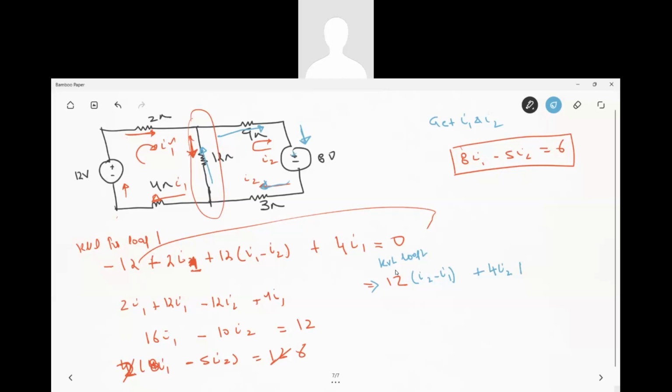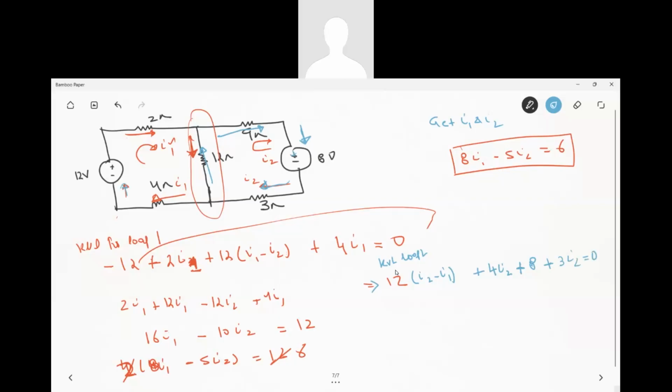Here minus, because it was entering the negative. So here it will come plus, right? Then plus 3 I2 is equal to 0.